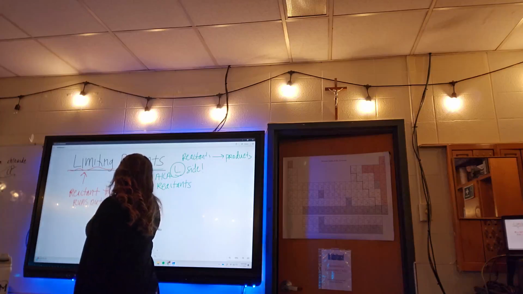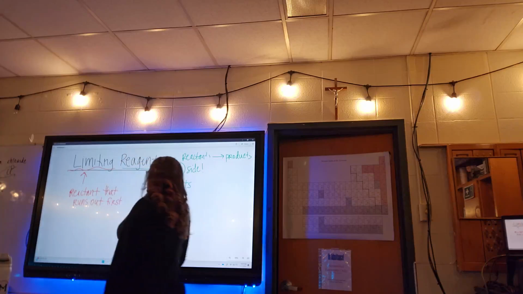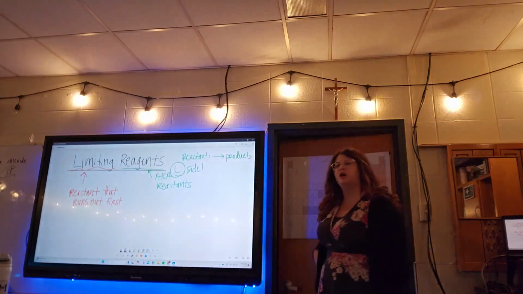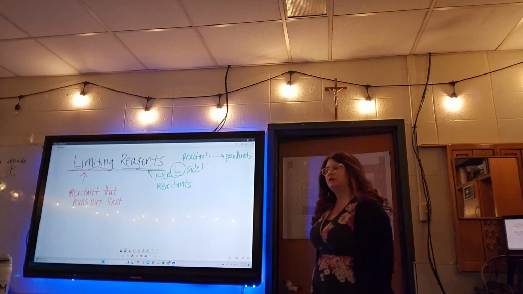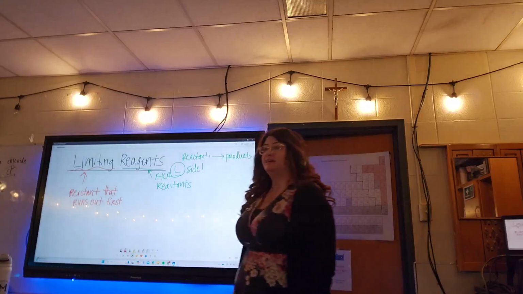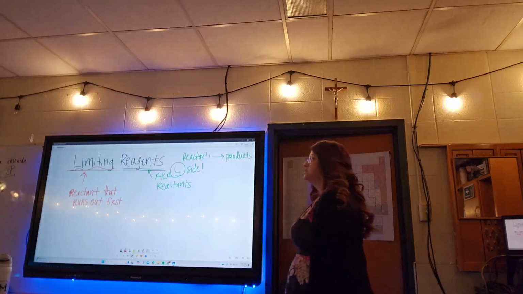The reason it's important to know what the limiting reagent is, is because that determines the maximum amount of product you can make. If one substance is going to run out first, that's going to dictate how much product can be made.